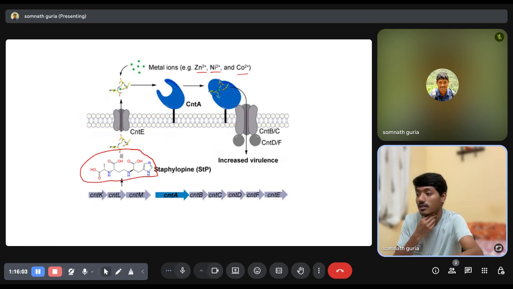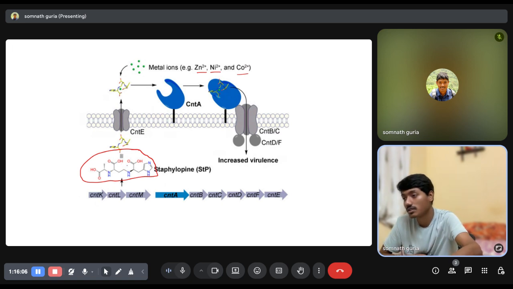If you need these three metal ions in the cell, this cephalopin ligand goes out through the channel and binds with the metal, which binds with this recognition part. This is something like an amino acid unit.